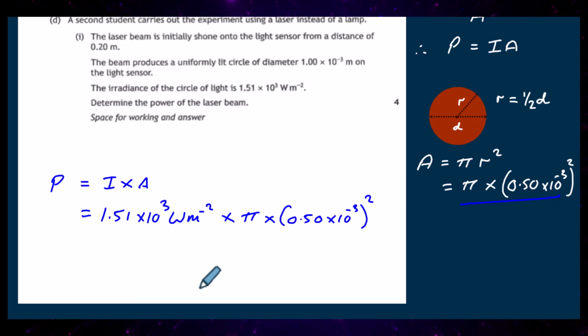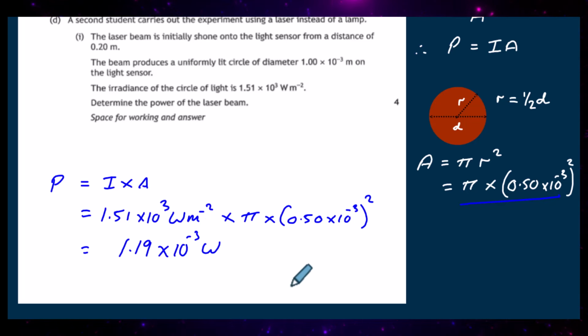If you do that on your calculator, you end up with a value of 1.19 times 10 to the minus 3 watts, and we can show off and say that's 1.19 milliwatts. That's the power of the laser beam.